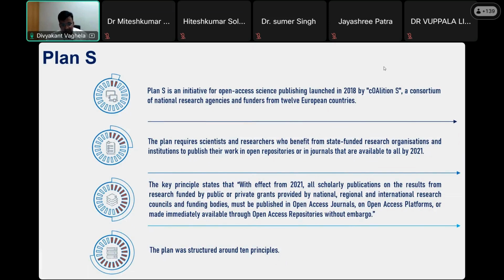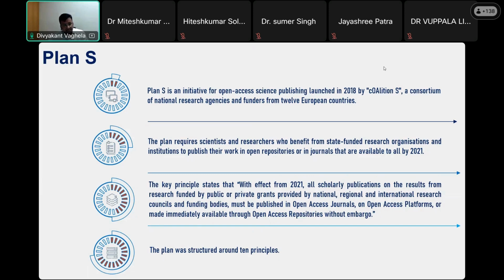This plan requires all the researchers and scientists who did research from a state-funded research organization or institution to publish their research work on open access repositories or journals, and it should be done by 2021.